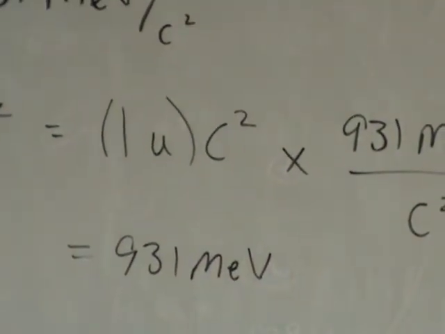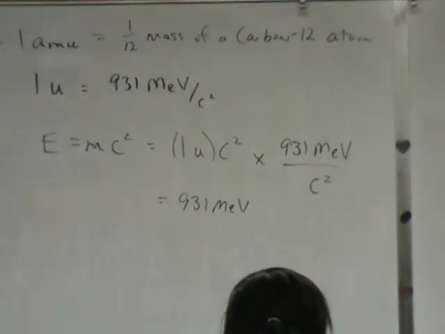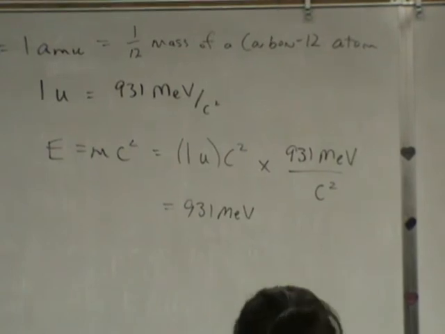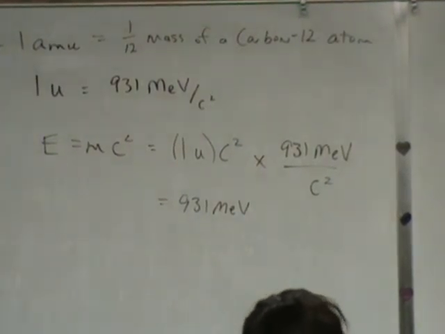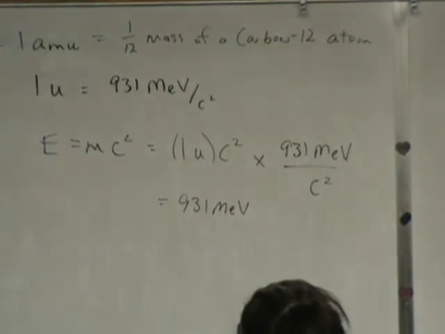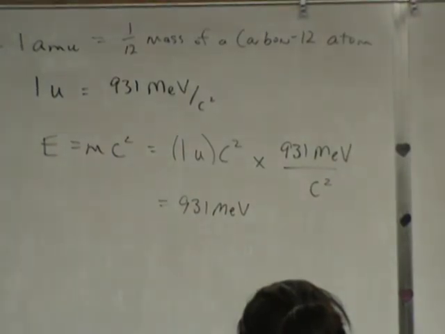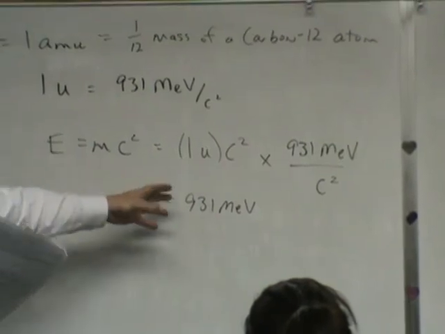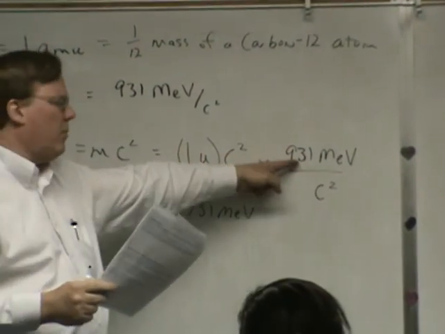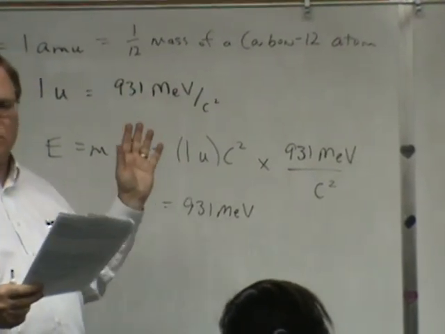So when you do this problem, number 7 on 2001, part A, just express your answer in terms of atomic mass units. Don't convert to kilograms. Then part B, when they want the energy released during a single fusion reaction, whatever your mass loss is, just multiply by 931 mega electron volts, and that's your energy loss.